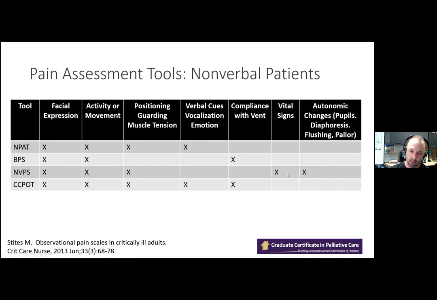One that I want to call out is it's really common in a lot of order sets to see respiratory rate as part of the parameters for dosing your opioid. But a lot of different things at the end of life can contribute to an elevated respiratory rate. So yes, elevated respiratory rate can be associated with pain, but hypoxia can contribute to that.